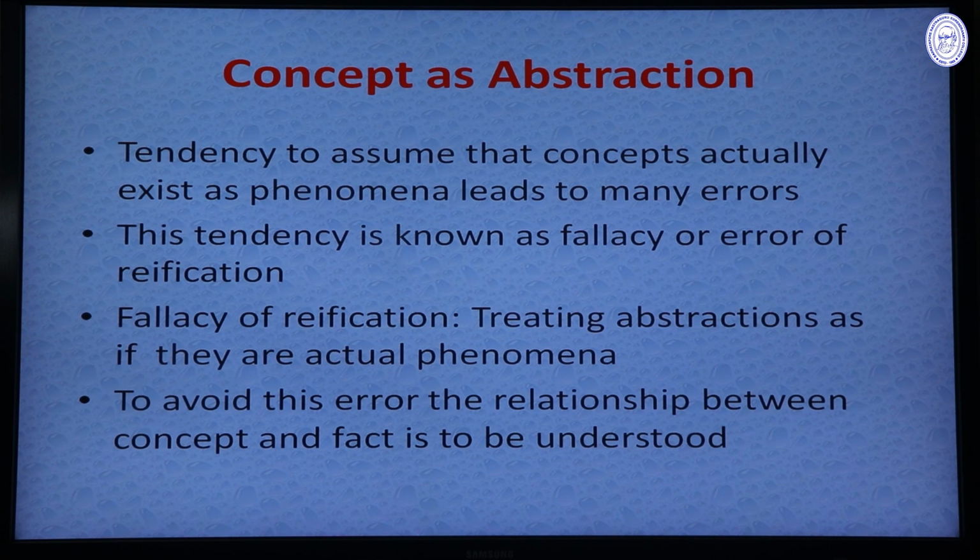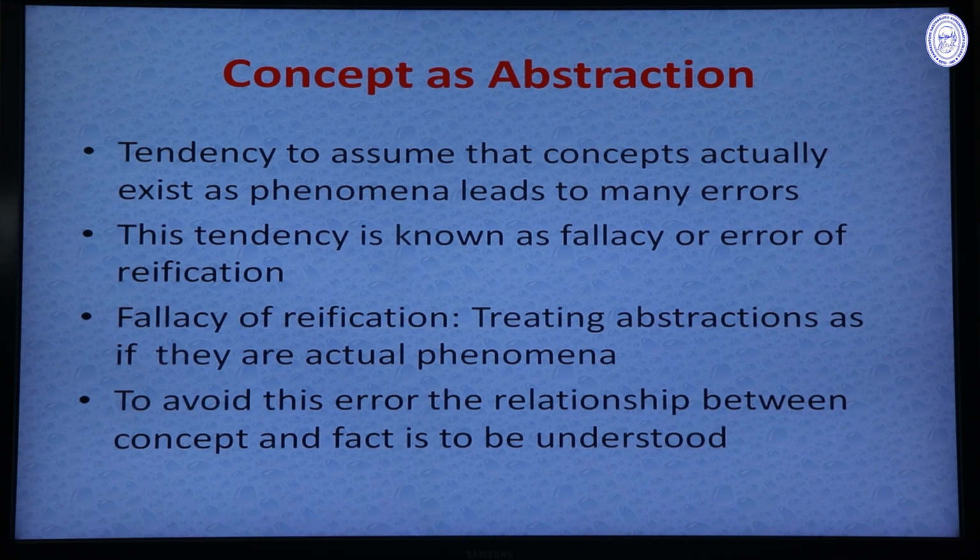The fallacy of reification is treating abstractions as if they are actual phenomena. So this is the fallacy of reification, that we are treating the abstraction as if it were the actual phenomena. Now, to avoid this error, the relationship between concept and fact is to be understood. What is the relationship between concept and the fact it represents symbolically?